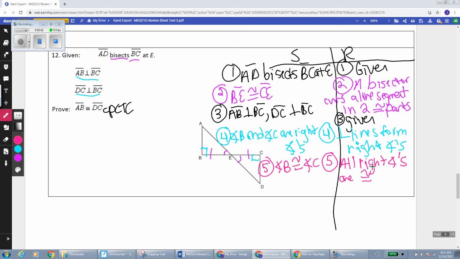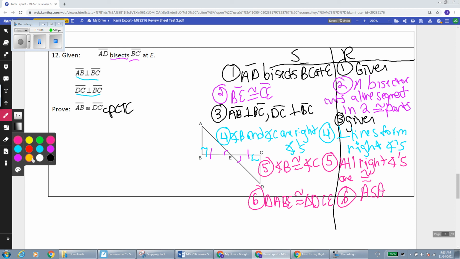From here, we definitely have enough information to make a statement about the two triangles. So I can say triangle ABE is congruent to triangle DCE. And according to our plan, our reason here would be ASA.